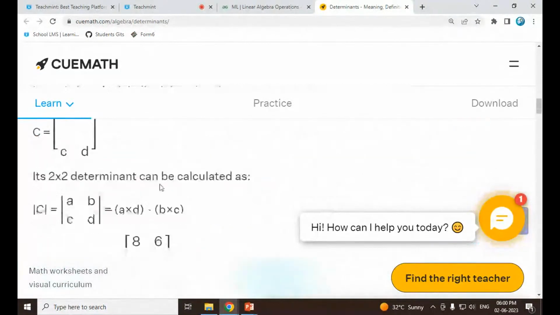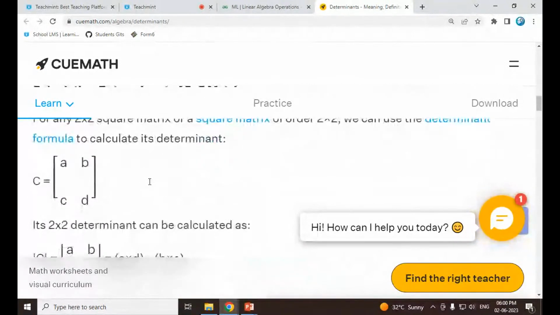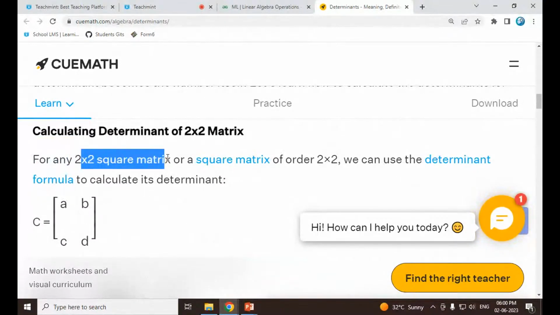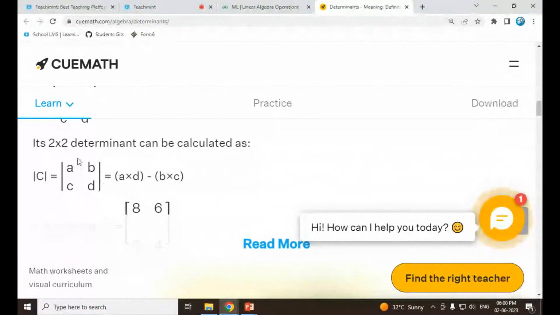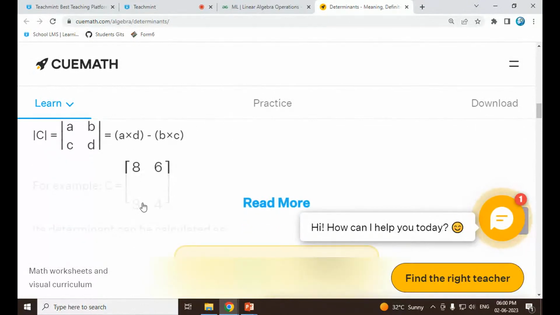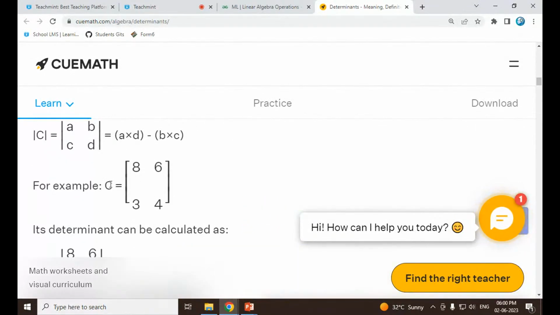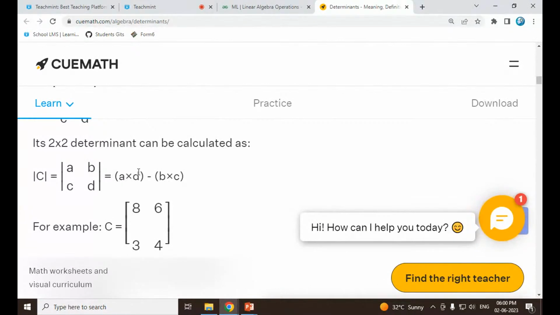Let's see a small calculation here. If you have a 2 cross 2 square matrix with A, B, C, D, the determinant is A into D minus B into C. This is the cross multiplication, which is evaluated, and finally we get one determinant value.